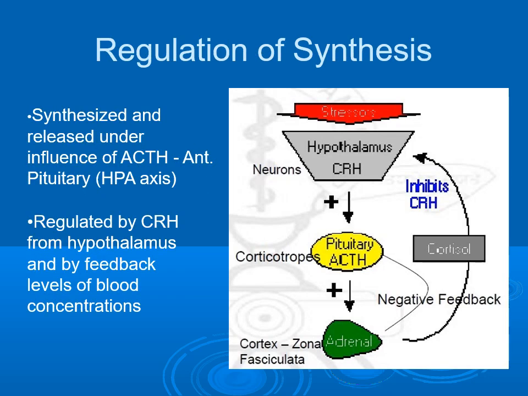You can see here regulation of steroid synthesis. They are synthesized and released under the influence of ACTH, the hypothalamo-pituitary adrenal axis. They are regulated by CRH from the hypothalamus and by feedback from blood concentrations.